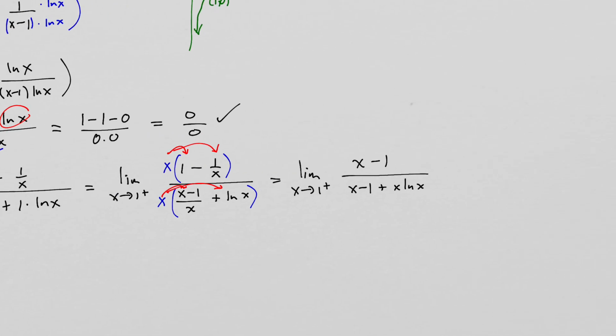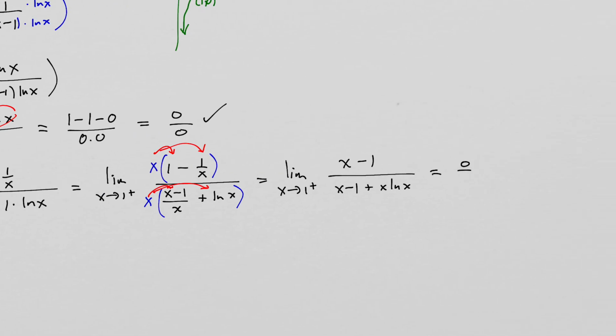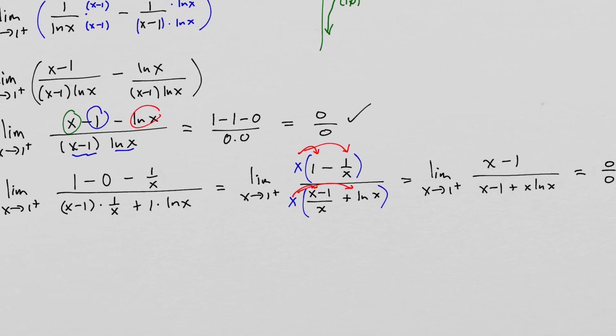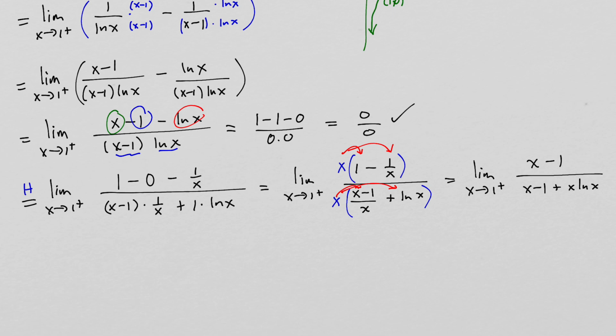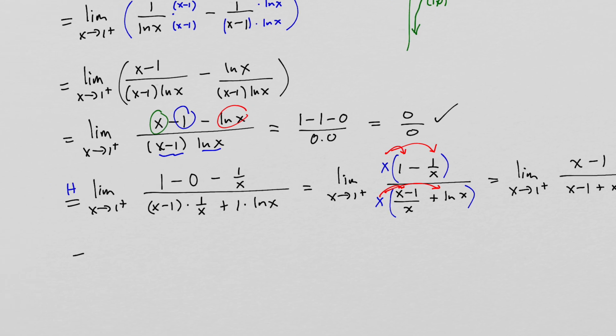Now, when I plug in 1, I'm still going to get 0 divided by 0, but that is a L'Hopital indeterminate, and that means that we can apply L'Hopital's rule again. So we're going to have the limit as x approaches 1 from the right, the derivative of the numerator, so the numerator there is x minus 1, so the derivative of that is going to be 1.